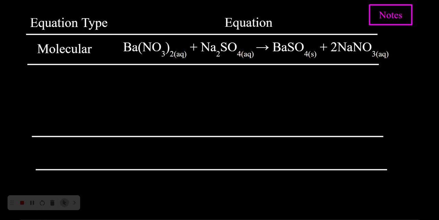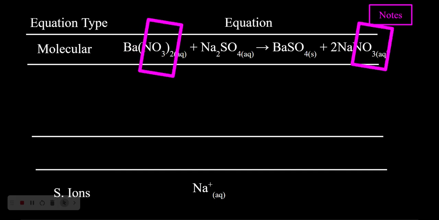Here's another one. I've got barium nitrate and sodium sulfate, and they're making two compounds. To do the net ionic, we look for things that are the same. I've got sodium on both sides and it's aqueous, therefore sodium is a bystander, a spectator ion.